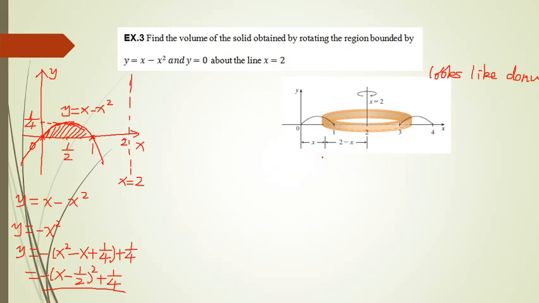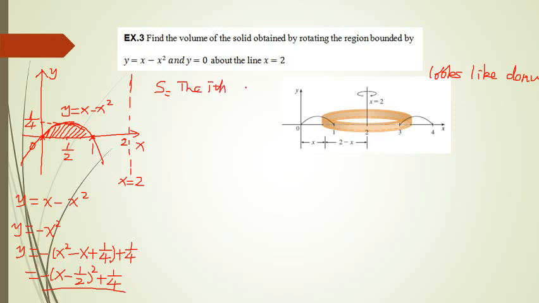Now in this way we still need to figure out what the radius is, and the circumference, and what the height is. So again, for this region you can obtain the typical approximating rectangle.